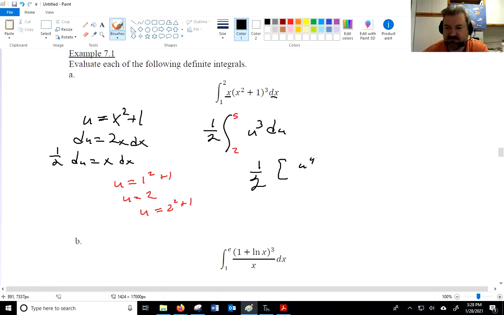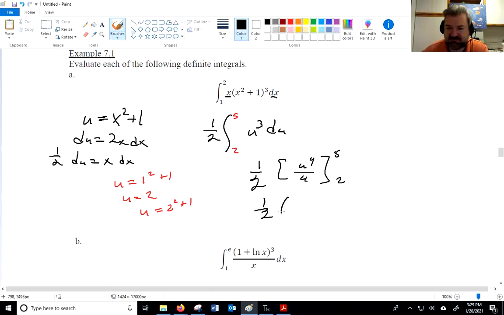All right, now let's integrate. This becomes u to the 4th over 4, and I don't need a plus c. And we're going from 2 to 5. Now at this point you may be thinking, okay, I've got to change my u back to x squared plus 1 and then change my bounds back. Well, I could do that and it'd get me the right answer, but I don't have to because I can just use my u.